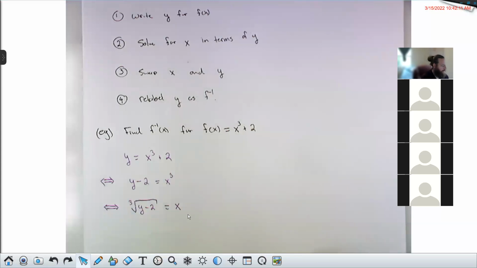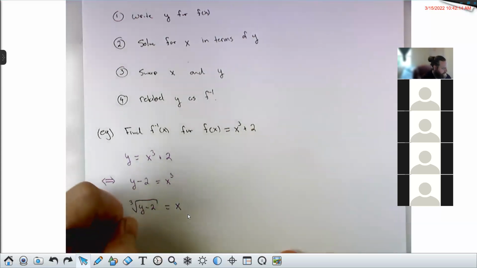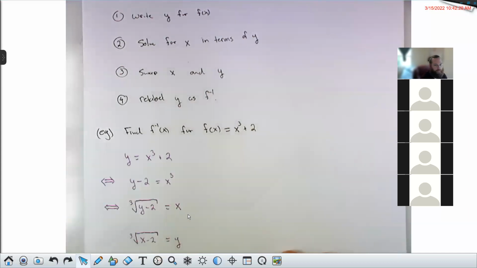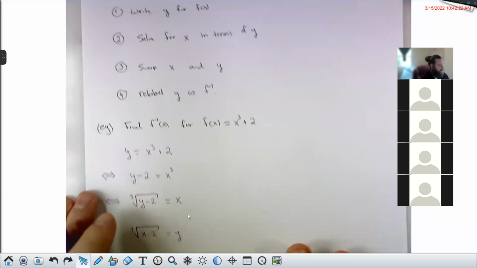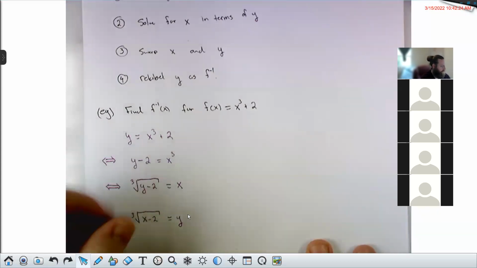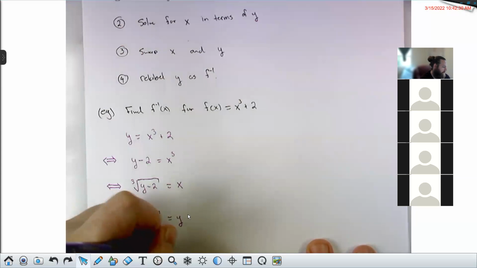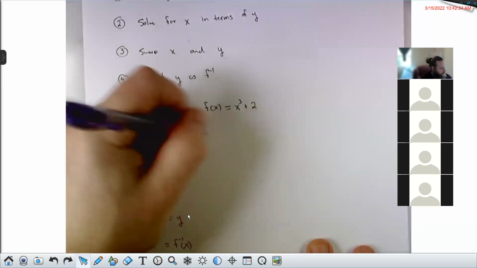Now we're going to swap x and y. So I'll write the cube root of x minus 2 equals y. And then we relabel y as f inverse. So the cube root of x minus 2, that is f inverse of x. So I'll number the steps here.